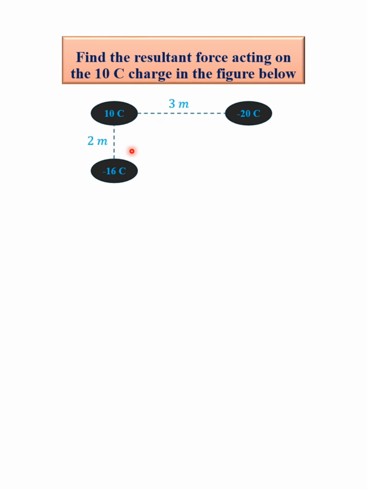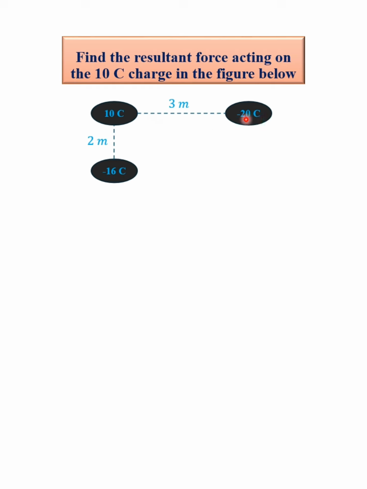So let's investigate it. Between the 10 coulomb charge and the negative 20 coulomb charge, what kind of force exists? Of course, we know that unlike charges attract, while like charges repel. So in this case, this is a positive charge and this is a negative charge. It means there will be attraction.